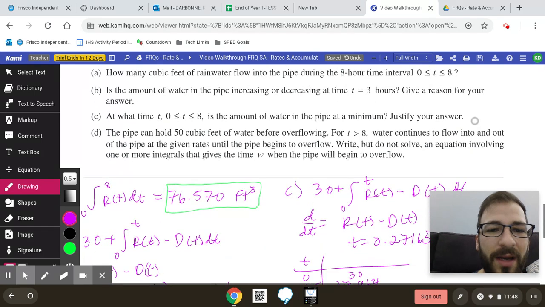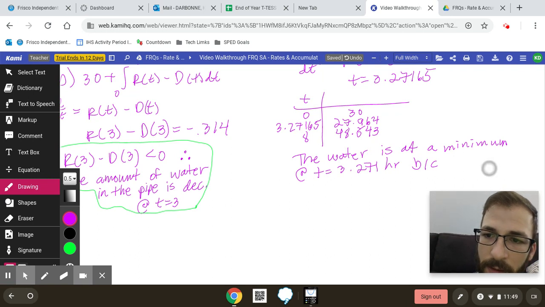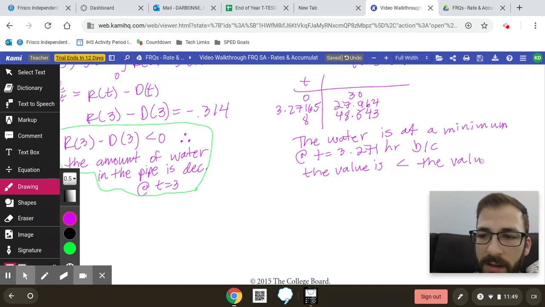Doesn't really matter when you're just talking about it like this, but doesn't hurt to include it. 3.271 hours, because we could say the value is less than the value at t equals 0 and t equals 8.